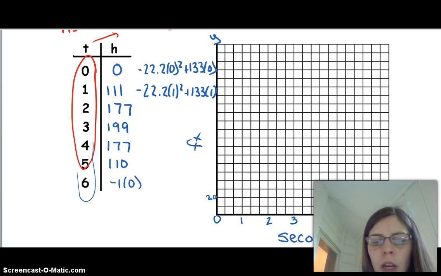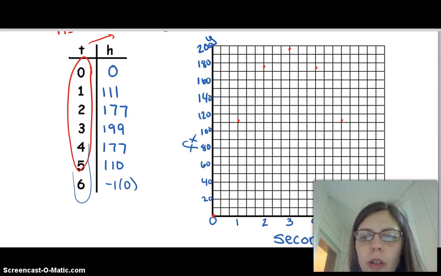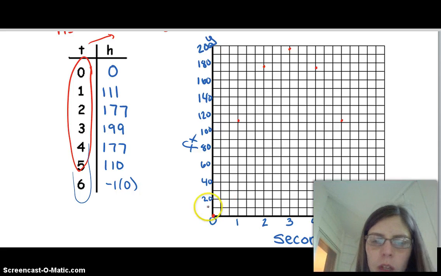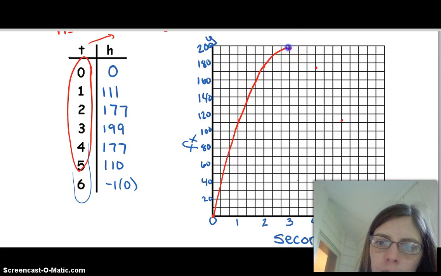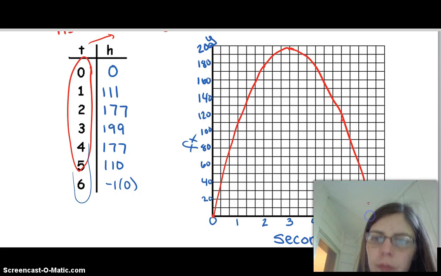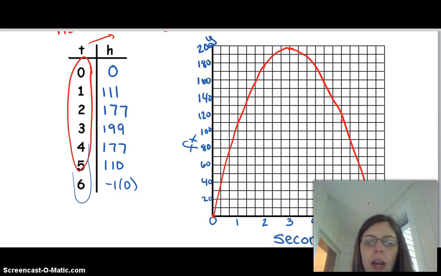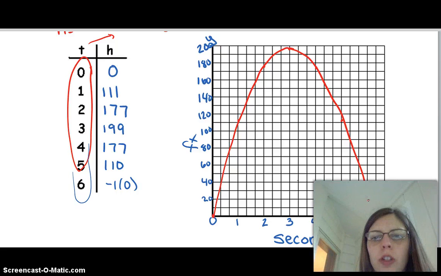So I'm going to pause again and fill out my graph. So as you can see, I filled out the rest of the graph and I plotted the points in red. So my parabola will look something like this once I connect those. All right, so once I've done that, I'm going to answer some of the questions.